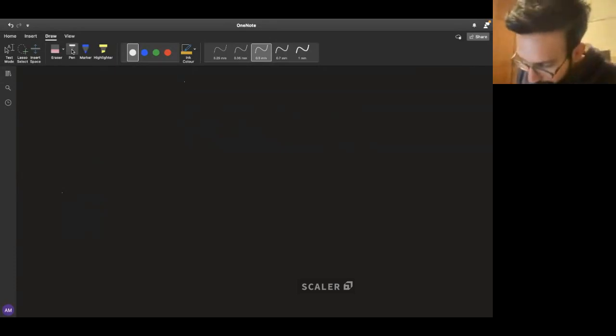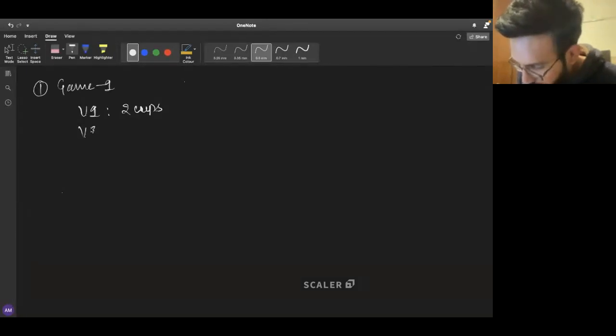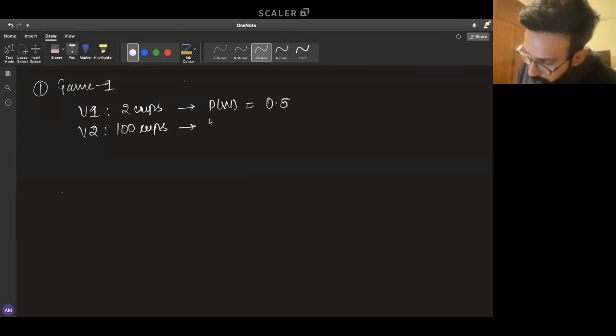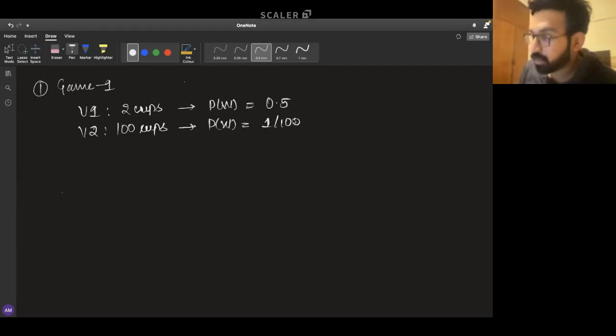Okay, so let's get back to game 1. What was game 1? We had two variants. We had a V1 variant wherein we had 2 cups, and variant 2, where we had 100 cups. So let's calculate the probability of winning here. The probability of winning here is 0.5. And what is the probability of winning here? Probability of winning here would be 1 by 100, correct?